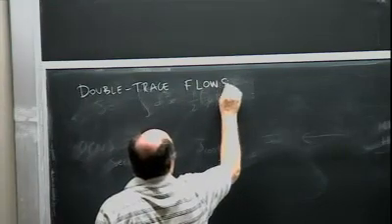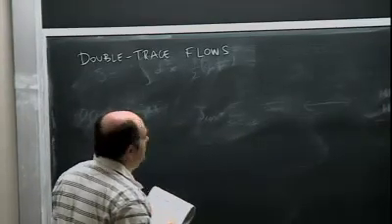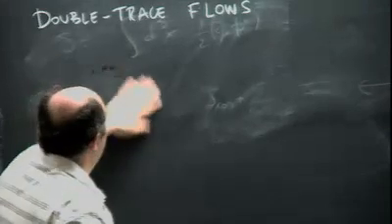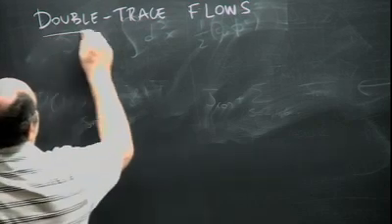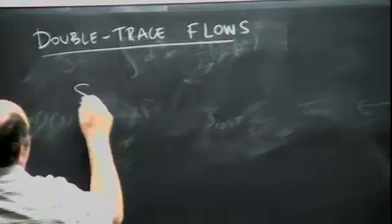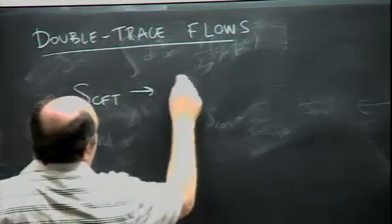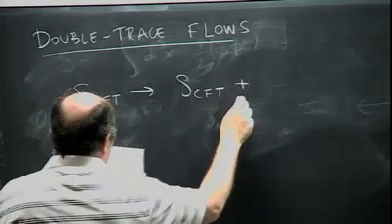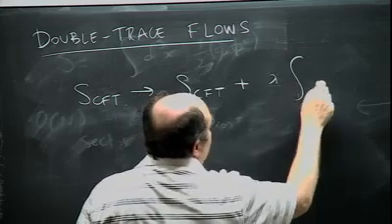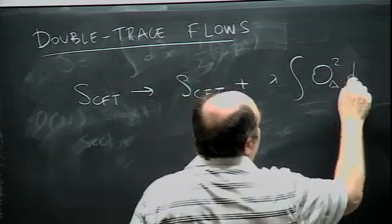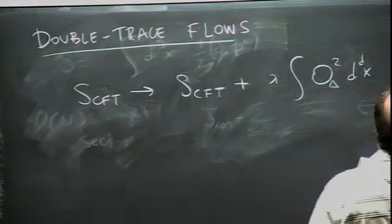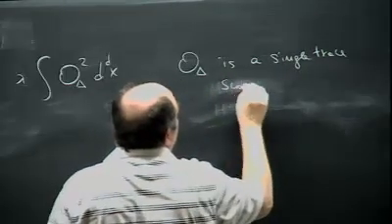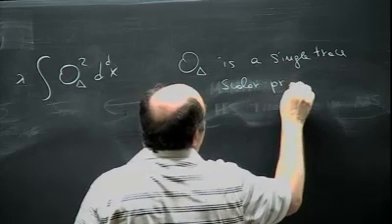This example of the Wilson-Fisher fixed points of the O(N) models is just one special example of a more general story, which is double trace flows. So in general, if we have some CFT and we perturb it by the square of some single trace operator O delta of dimension delta, a single trace scalar primary.